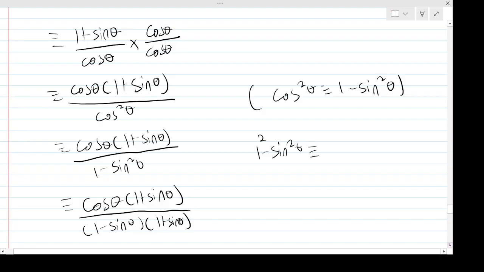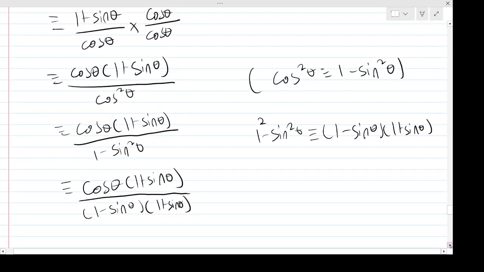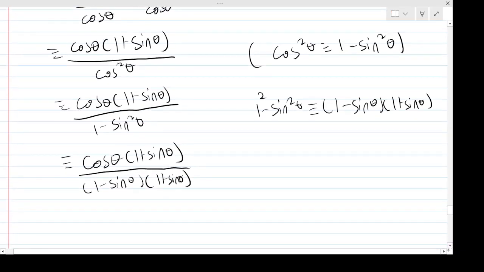So if I did the difference of two squares, that would be 1 minus sine theta, 1 plus sine theta. Remember, you do need to start being able to recognise it. It will help to spot a difference of two squares with more awkward terms like this. So even with trig functions, we can do difference of two squares to factorise it, right? It becomes more natural and easier to spot when you do more examples.